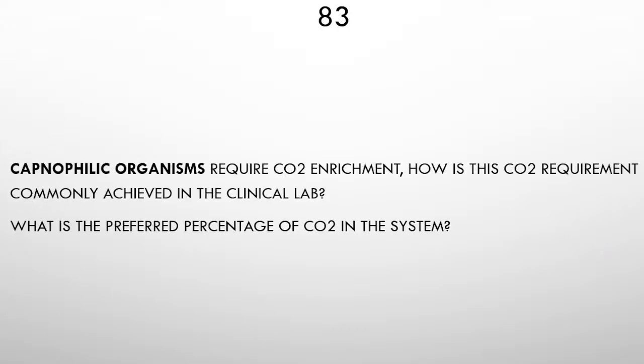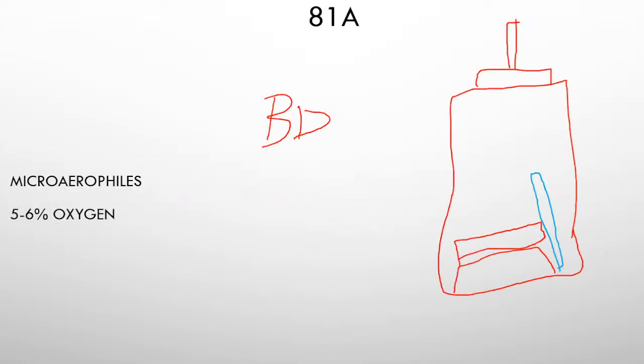Imagine the drawing here, like it's literally a jar, and the lid has rubber on it. Instead of adding the microaerophilic packet, you're going to put a candle on top.